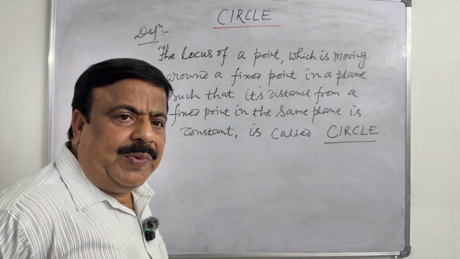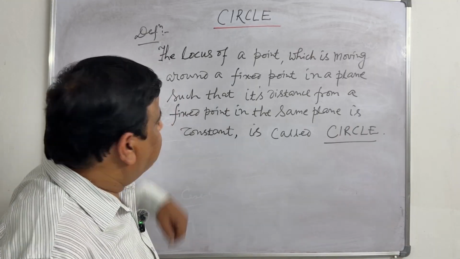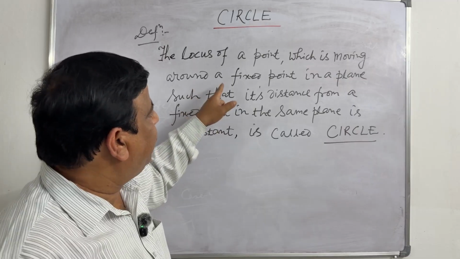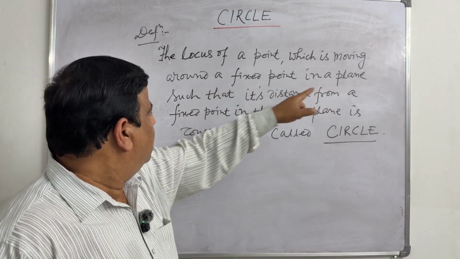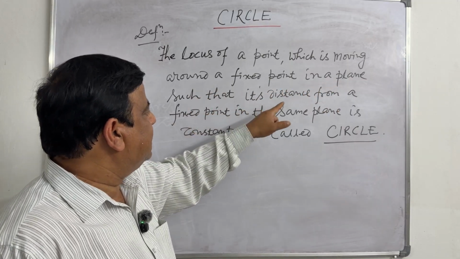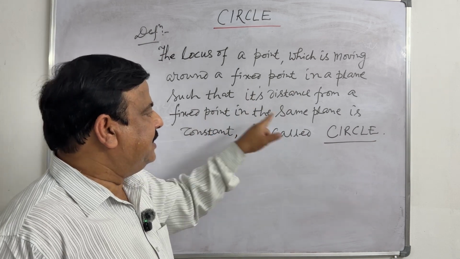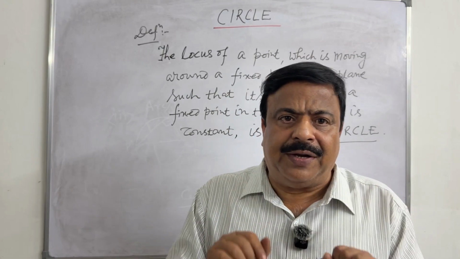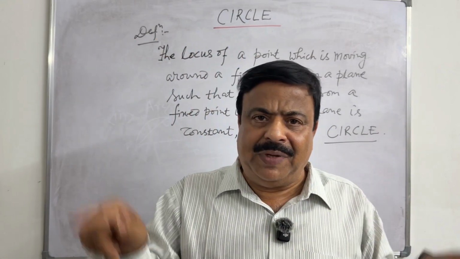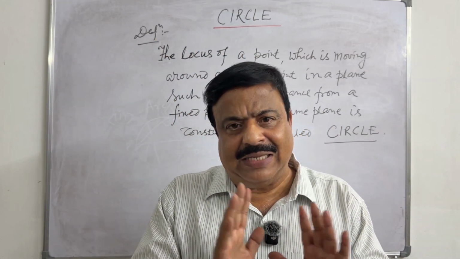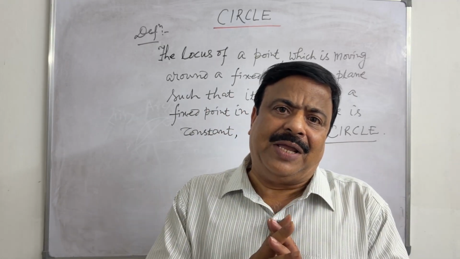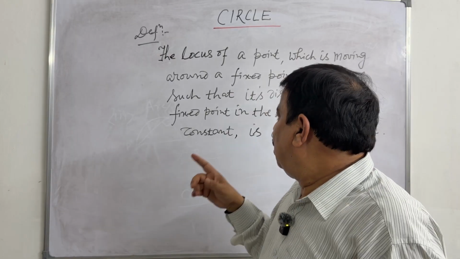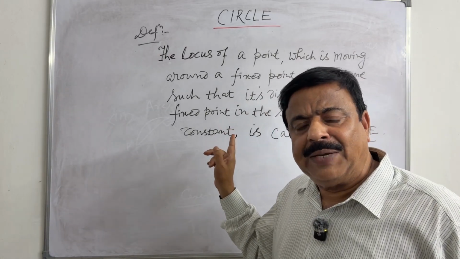Okay, in coordinate geometry circle को ऐसे define किया जा सकता है, the locus of a point which is moving around a fixed point in a plane such that its distance from a fixed point in the same plane is constant is called a circle. कोई भी एक point है जो किसी plane में move कर रहा है, but there is a condition. At any instant of time, it keeps a fixed distance from a fixed point in the same plane.